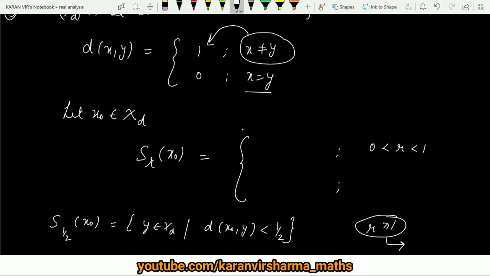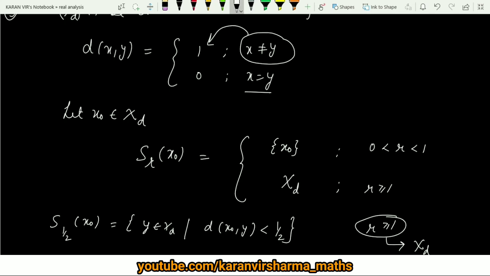So whenever r is greater than 1, all the points from X will come in the open sphere. So basically S(x0, r) when r lies between 0 and 1 will be nothing but the singleton point x0, and if r is greater than or equal to 1, it will be the full set X.